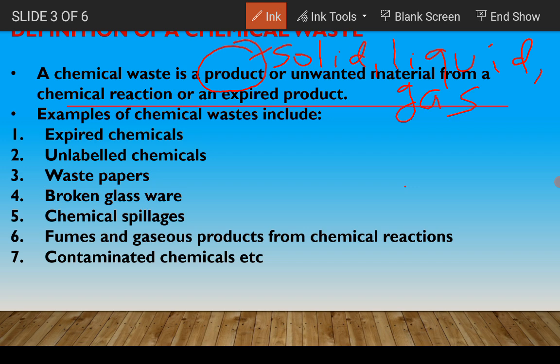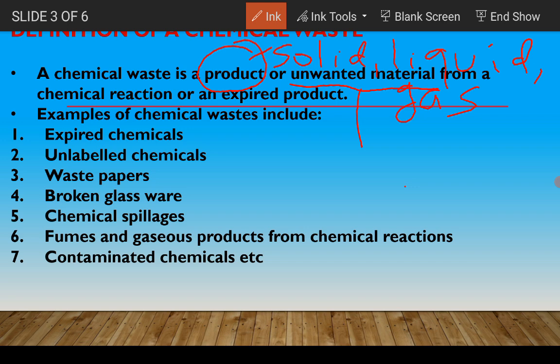All right. Also, a chemical waste can be any unwanted material from a chemical reaction. All right. So it's unwanted because it may not be required. Such a material may not be required in any activity in the laboratory. All right. Okay.